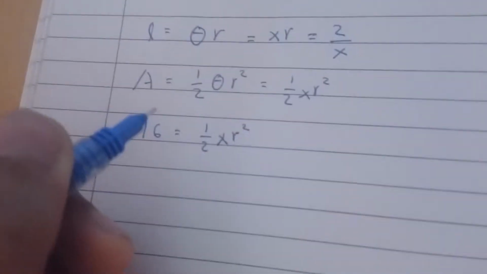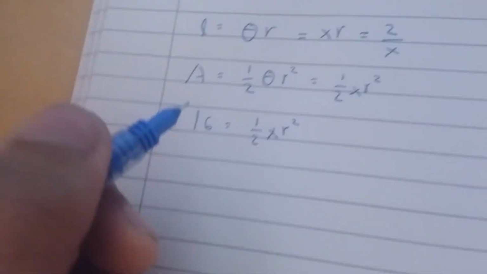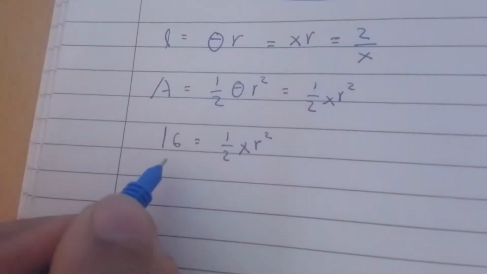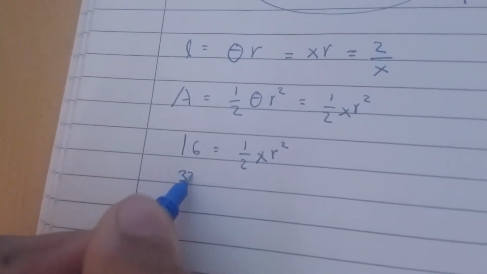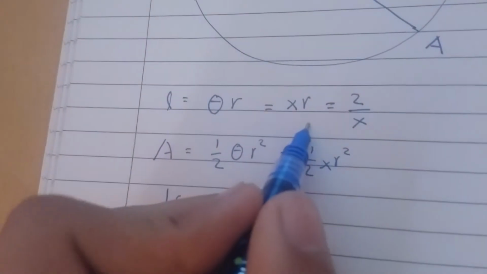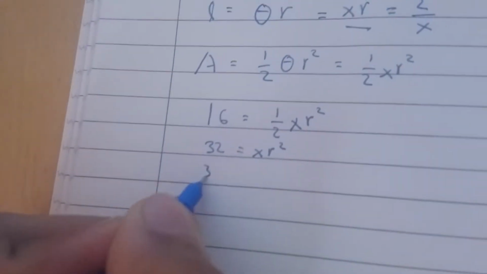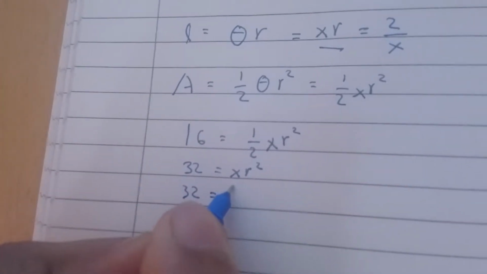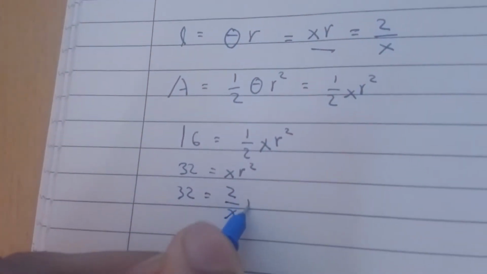If you bring half to the other side, it's going to be divided by half, which is times 2, which is 32. So 32 is equal to x r squared, and you know xr is equal to 2 by x, so you can substitute that as well. So 32 is equal to 2 by x times r.